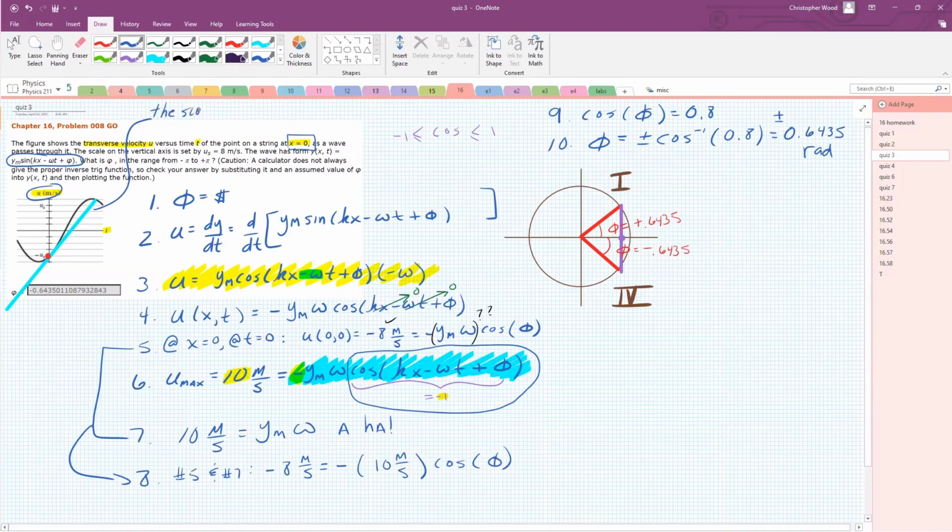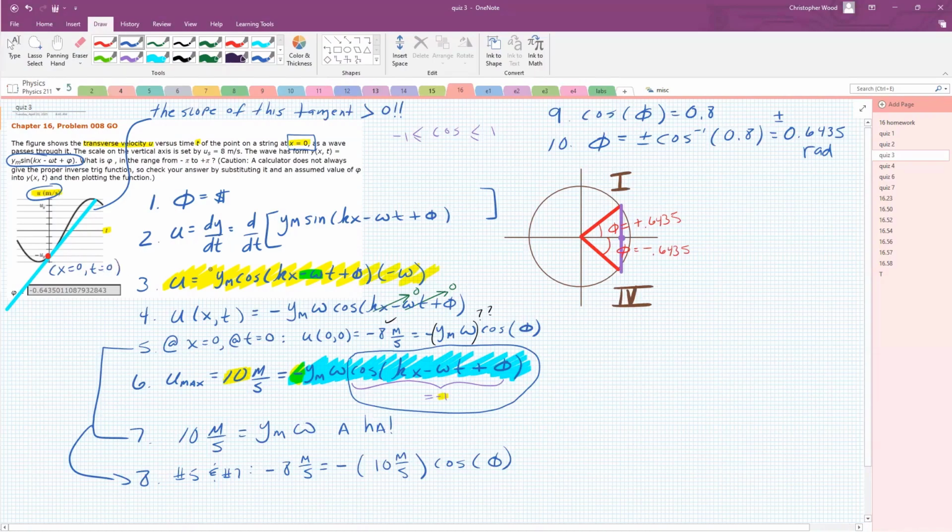The slope of this tangent is greater than 0. You can see that the slope of that blue line is a positive slope, tangent at x equals 0 and t equals 0.